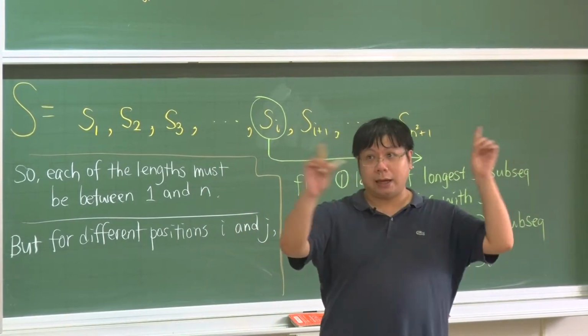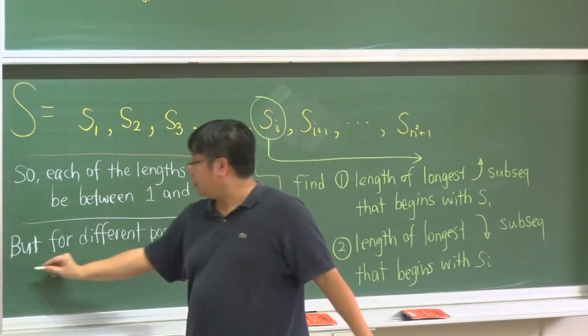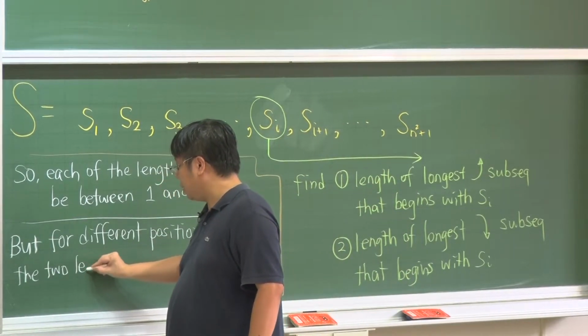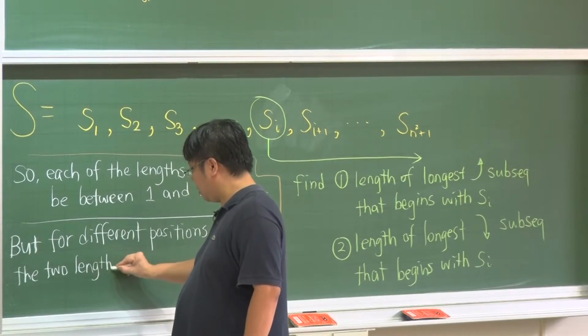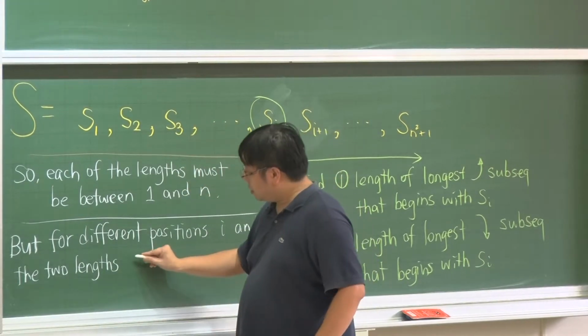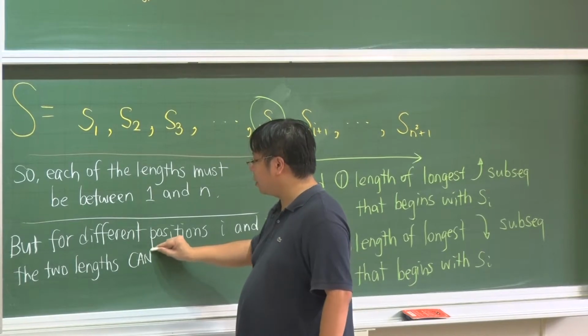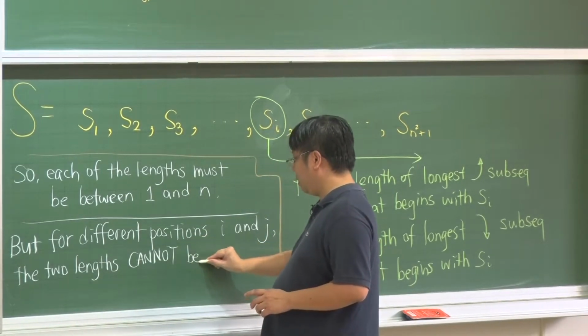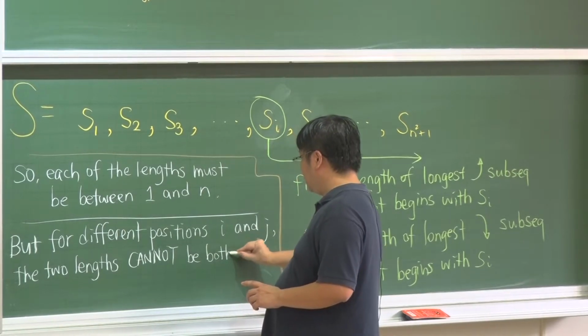If we look at two different positions i and j, and look at the numbers si and sj, the two lengths cannot be both the same. This is an observation we are going to prove.